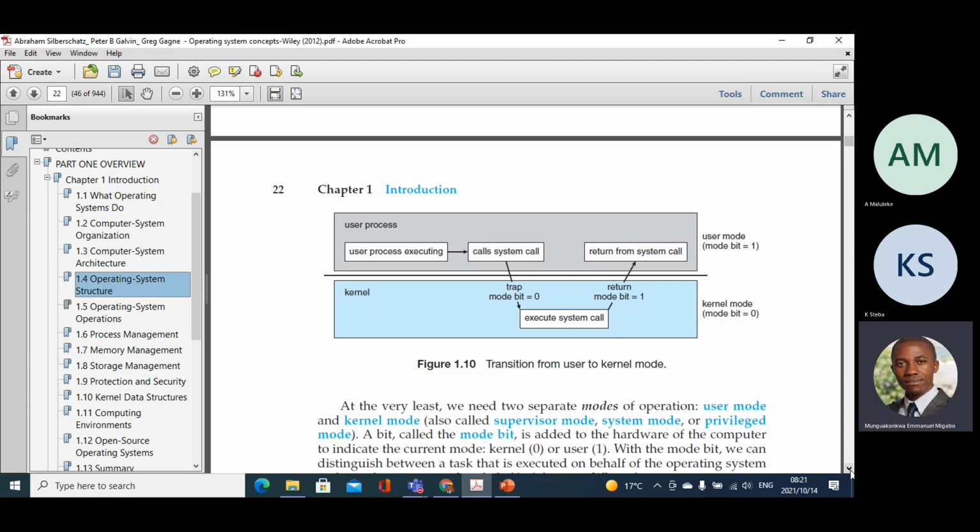You can think of it as a software flag that is added to the hardware of the computer to indicate the current mode. Whenever we are in kernel mode, that mode bit is set to 0. When we are in user mode, it's set to 1. And if you recall very well, you can boot up a computer in either mode.